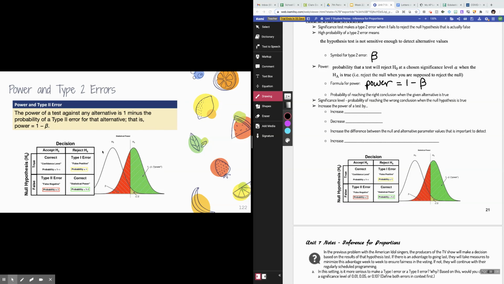Then you have a similar idea with your type 1 error and your confidence level. So if you want a higher confidence level, you have to lower your alpha value, your significance level, because again, those are directly connected. Confidence level is 1 minus your alpha, and your type 1 error is your alpha.